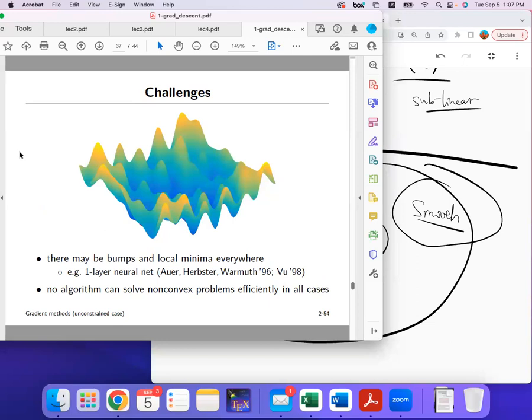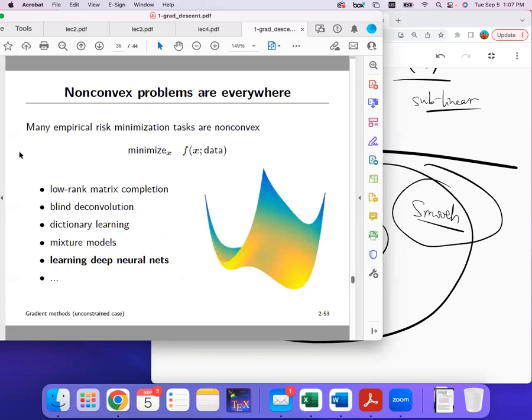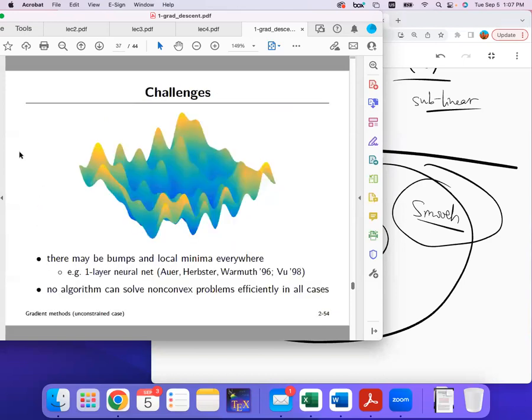Basically, you will see a lot of local minimums and local maximums, and that makes the optimization very challenging. For convex problems, every local minimum is a global minimum. But for non-convex problems, it could be very complex.